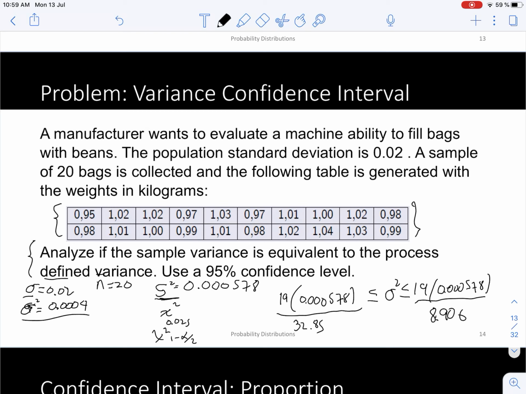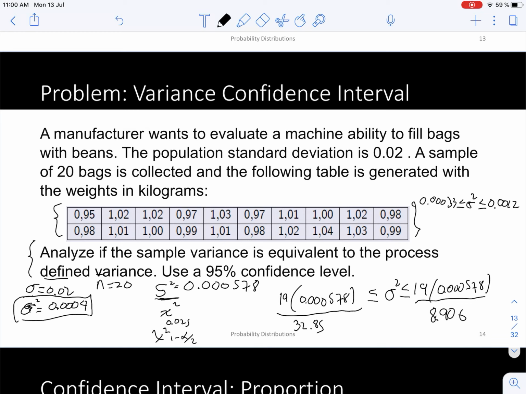If you compute these two values, you get that sigma squared is between the lower limit and the upper limit. And of course, now let's answer the question.